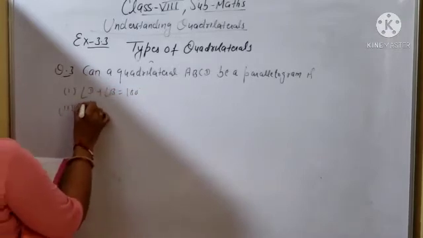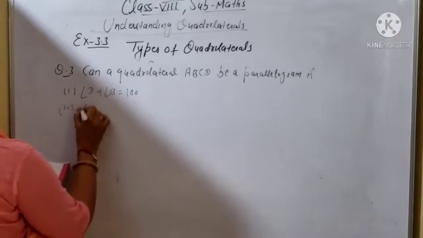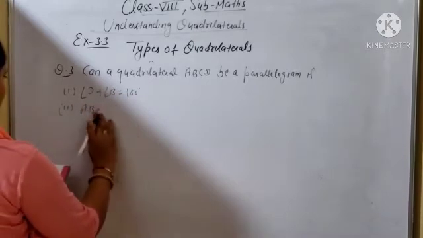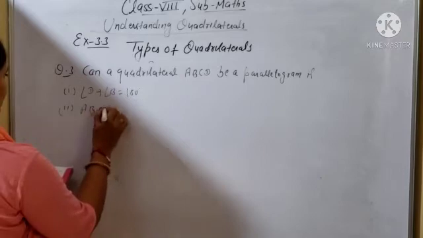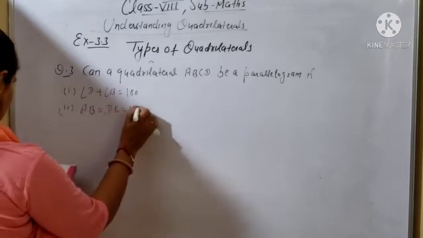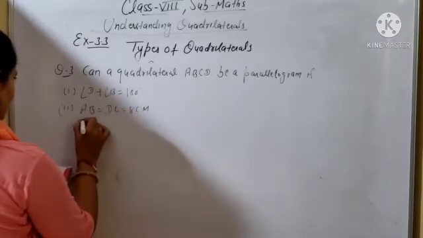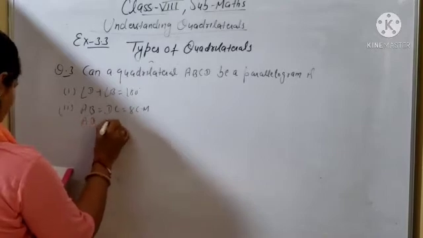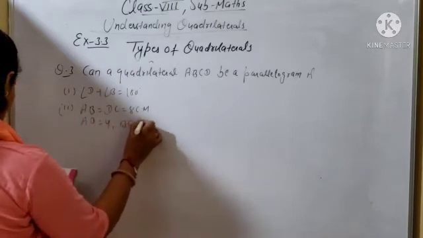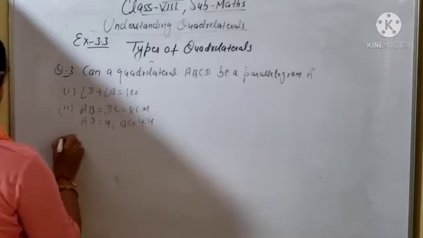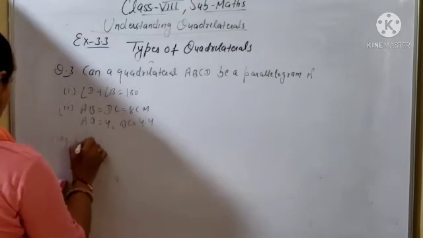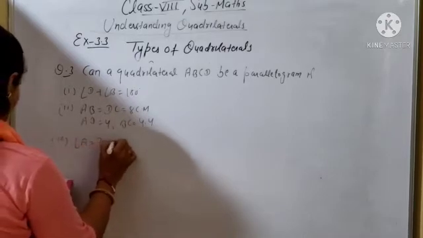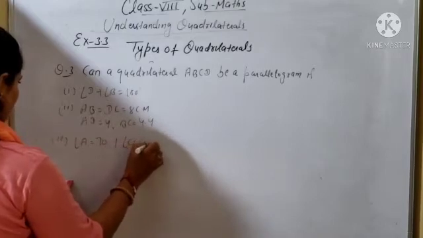Second part, AB equal to DC is equal to 8 centimeters, AD is 4 and BC is 4.4. Third part, A is 70 degrees and C is 65 degrees.